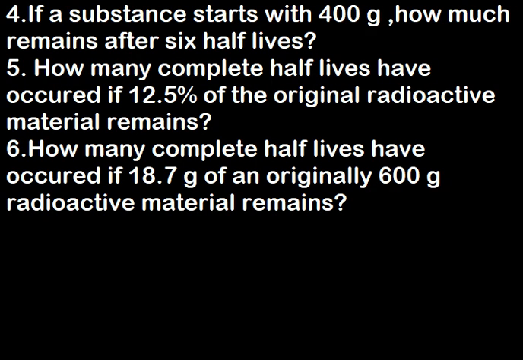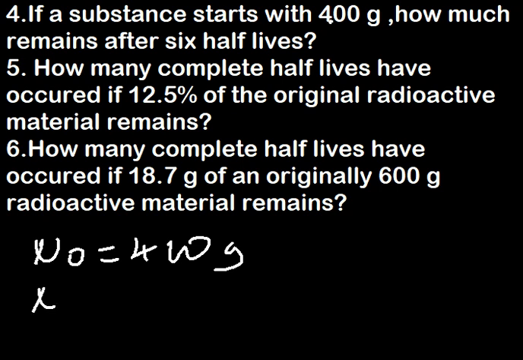Let's say we have this case. So let's see the beauty of these questions. Now, if a substance starts with 400 grams, that is the initial amount, 400 grams, how much remains? Now we are looking for the final amount after 6 half-lives. So now we have been given the number of half-lives, that is given as 6. So how should you go about it?